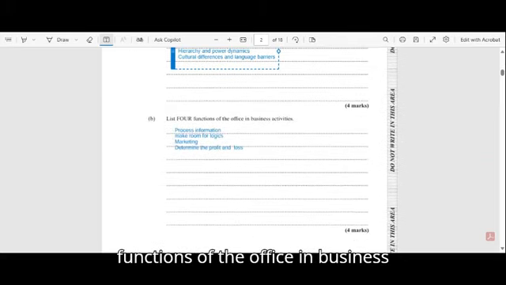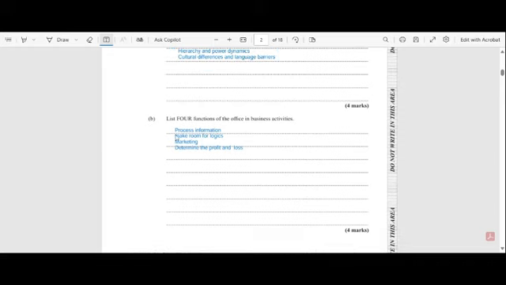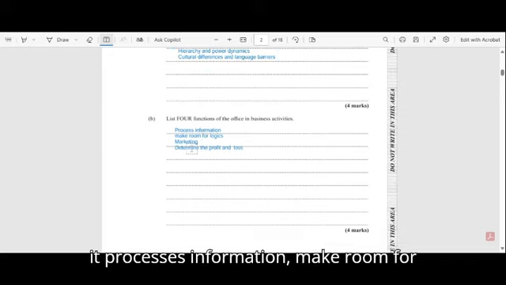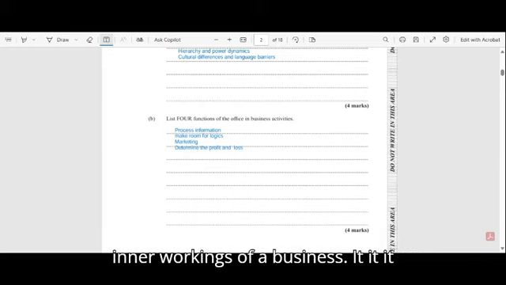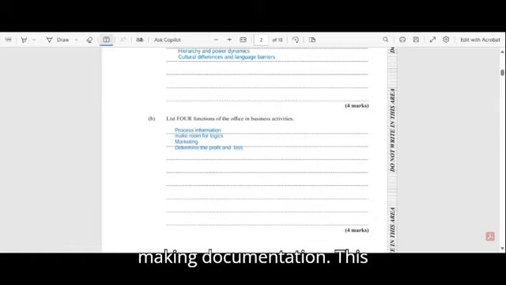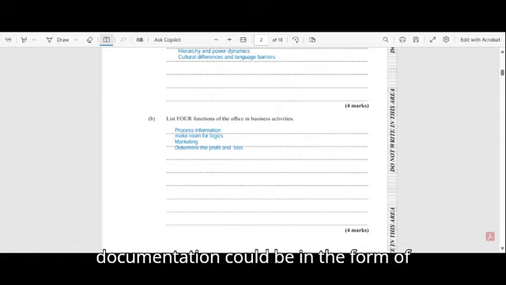And it says list 4 functions of the office in business activities. So it processes information, makes room for logistics, and logistics is the complex inner workings of a business. It mainly involves documentation, making documentation. This documentation could be in the form of content.